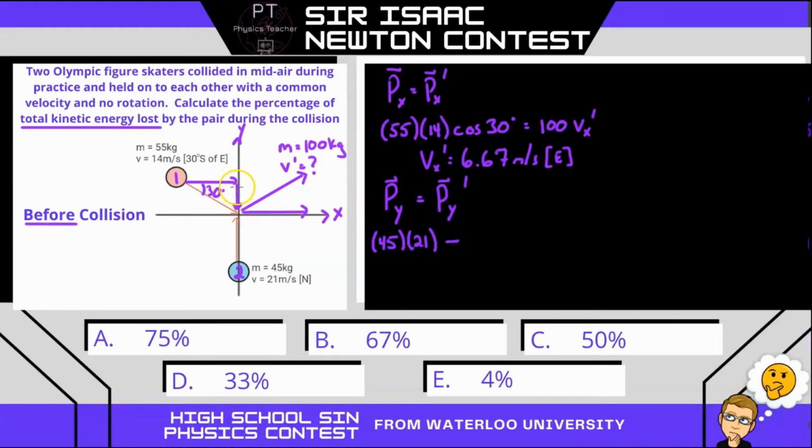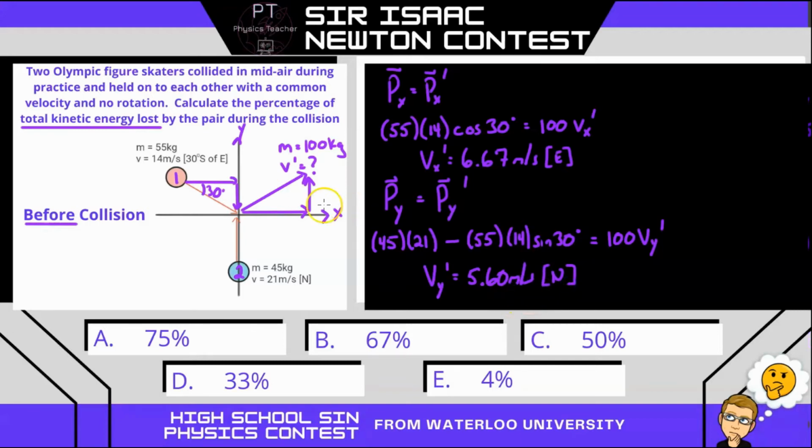Then we subtract, because this component is down, their mass, 55, times their velocity component, which is 14 times the sine of 30. That is going to equal the momentum after the collision, mass times velocity, so 100 times that vertical velocity vy prime. We can rearrange this equation to solve for vy prime, which turns out to be 5.60 meters per second, and that would be north.